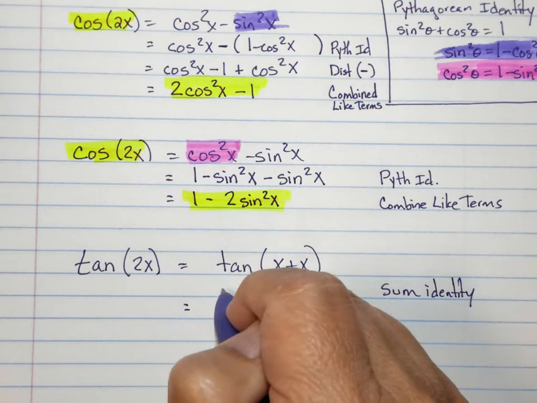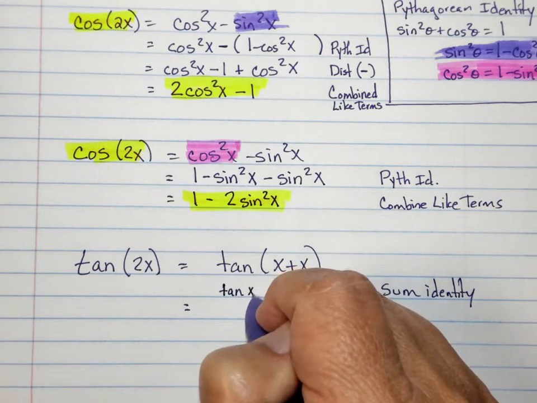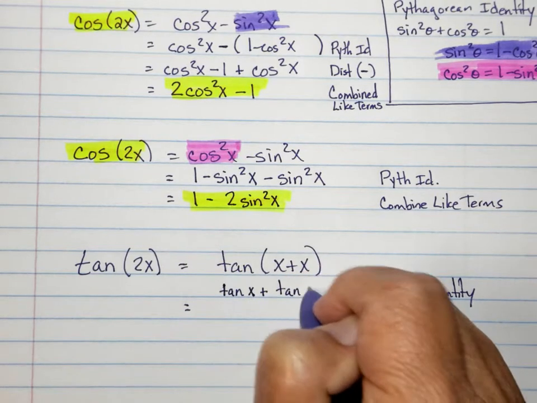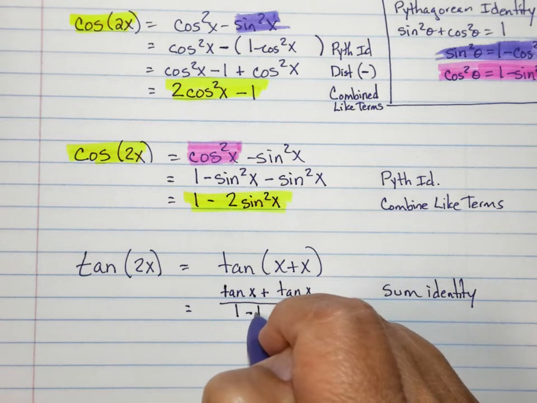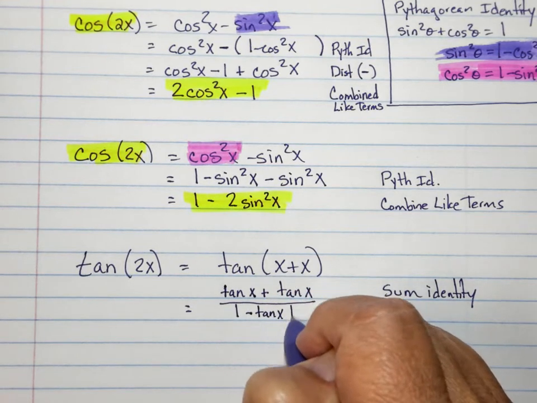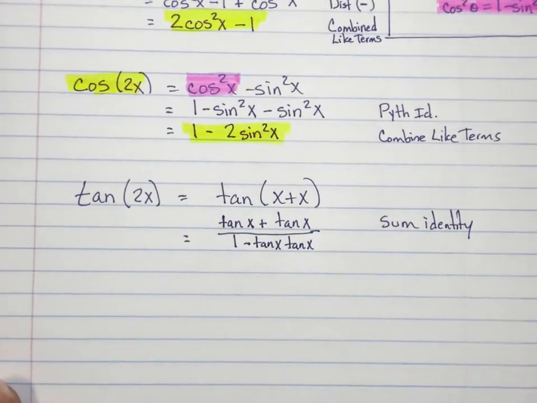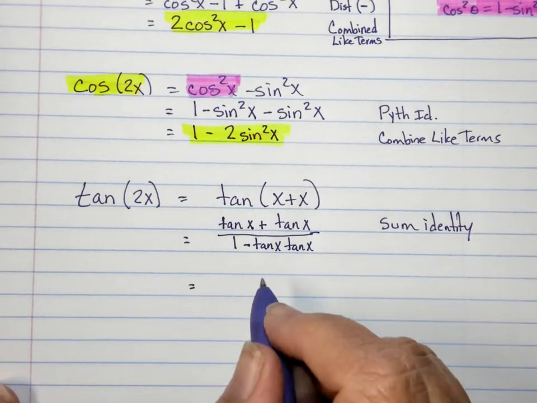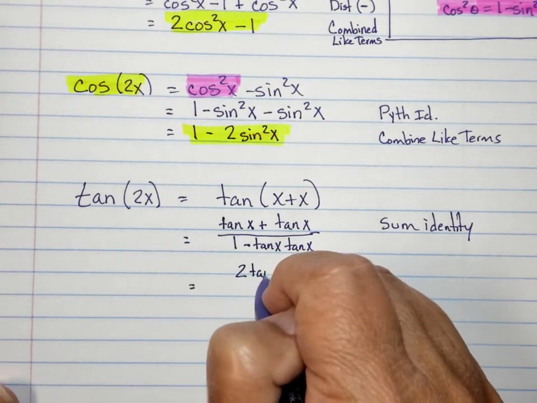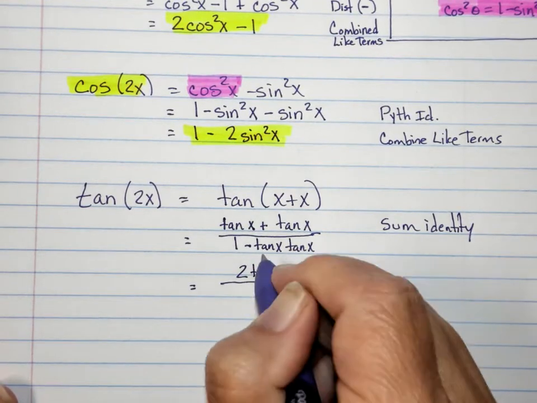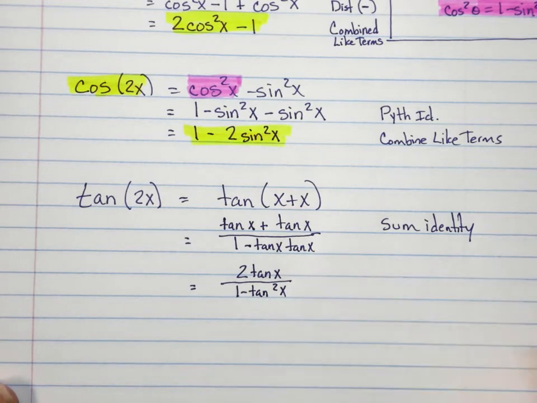So that is going to equal tangent x plus tangent x over 1 minus tangent x tangent x. Tangent x plus tangent x is 2 tangent x. Tangent x times tangent x is tangent squared x. That's it.